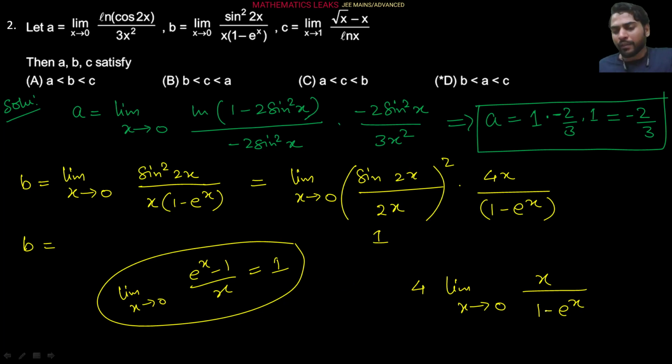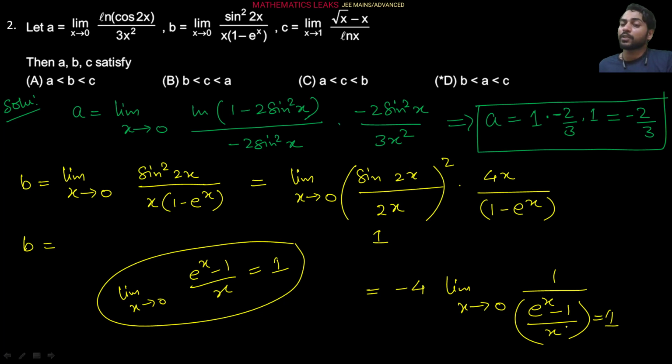So in that way, if we are taking the minus common here, correct now, this part minus if we are taking common, so minus 4, so that will become e to the power x minus 1 upon x, and you can understand here that the limit will come in the denominator part, that is 1 here, so 1 upon 1 is what here? 1 only, and this is minus 4, so minus 4 into 1 is nothing but minus 4 only everybody. So can I use directly this b is equal to minus 4, right now?